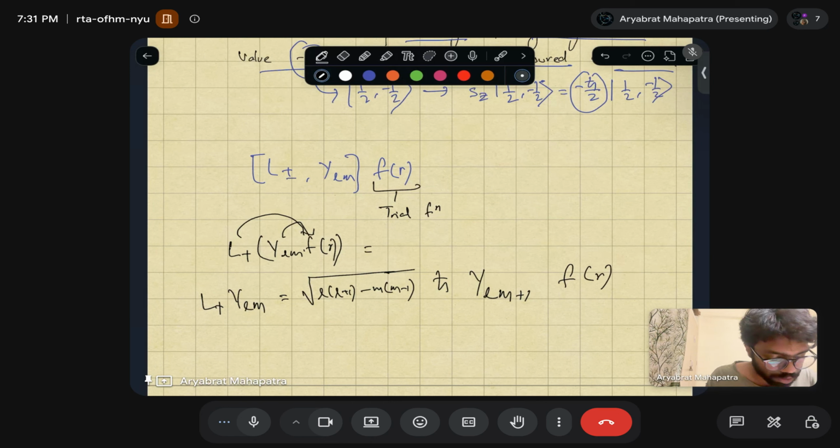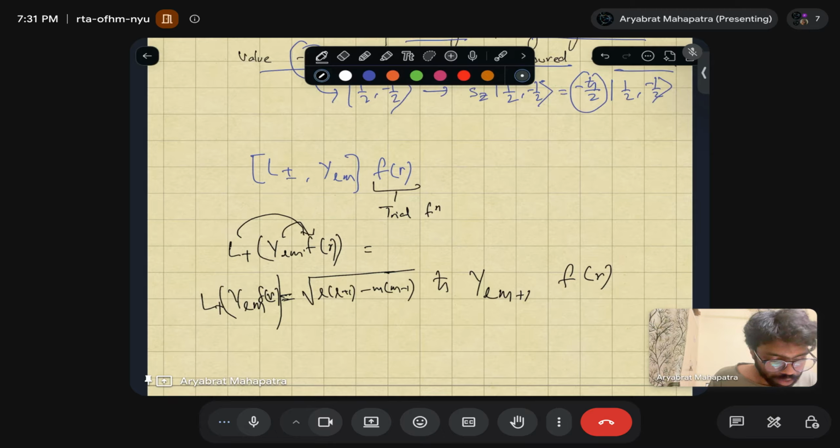So how will I expand this commutator? Here L plus comma YLM will operate on f of r.